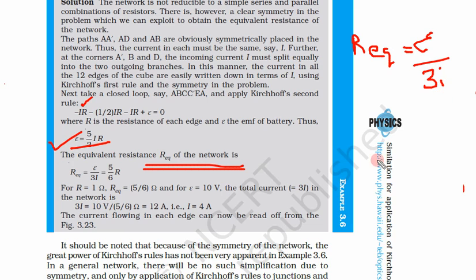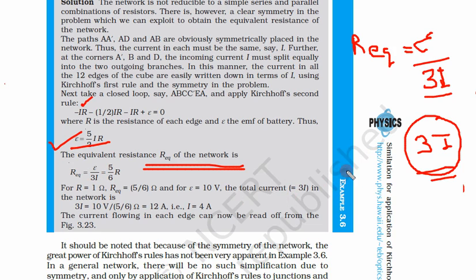Because current entering the circuit was 3I and current leaving the circuit was also 3I. Instead of taking I, we took 3I. If you started with I, you would have got a similar answer, but this would be a little bit complicated.